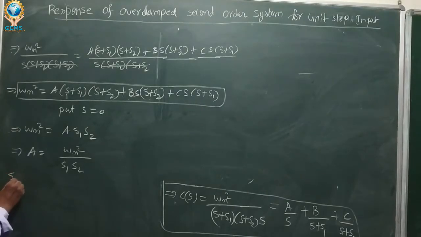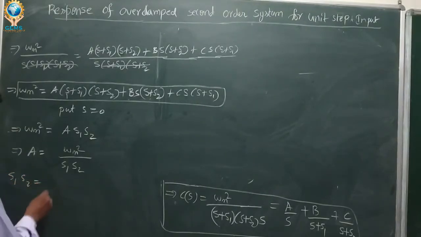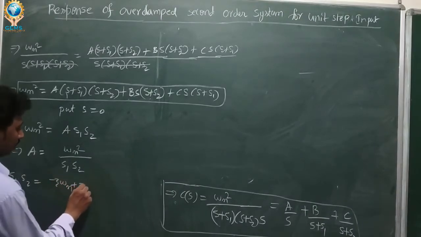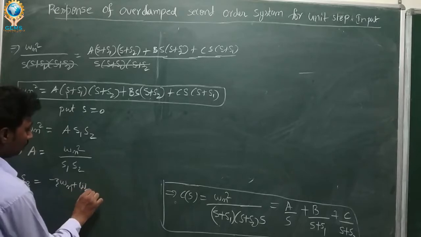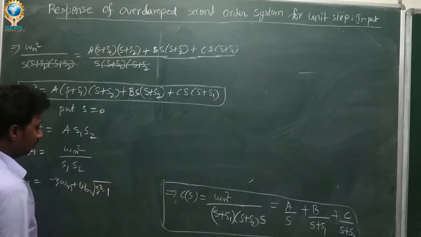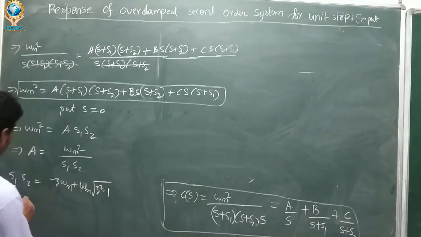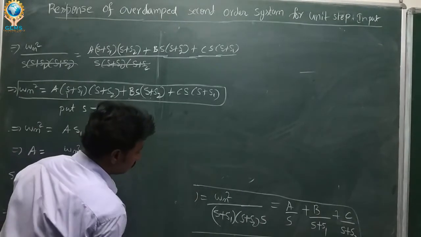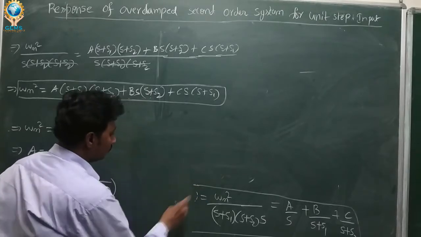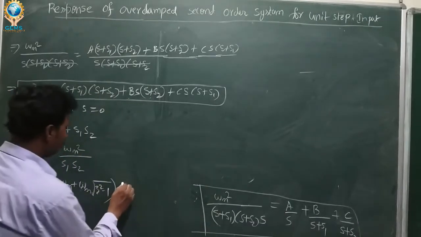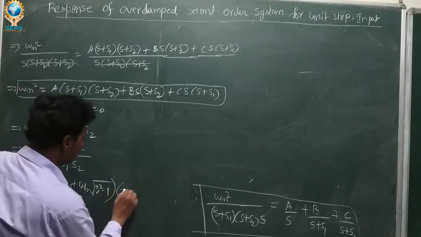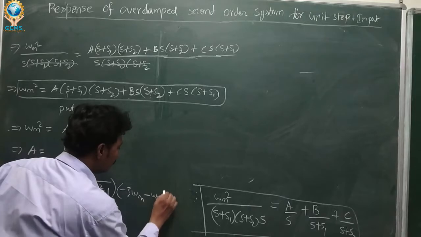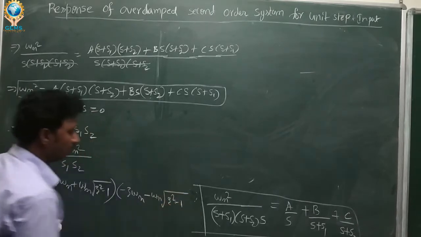So what are S1 and S2? S1 is minus zeta omega n plus omega n root of zeta square minus 1, and S2 is minus zeta omega n minus omega n root zeta square minus 1.